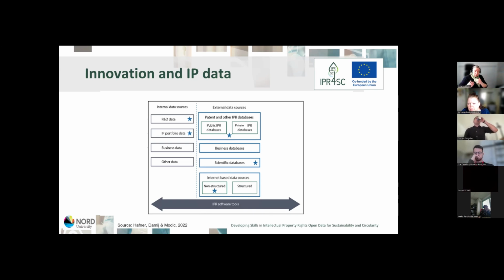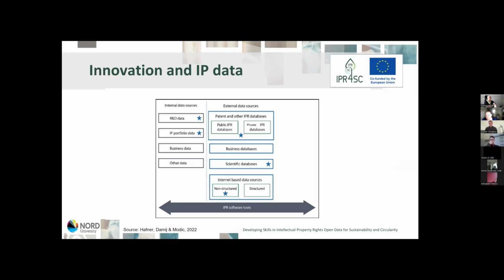So this is the part where you needn't look at this IP data in isolation, but imagine you're a small SME. You see there's something going on in terms of technology, or there is an opportunity from the patent data.